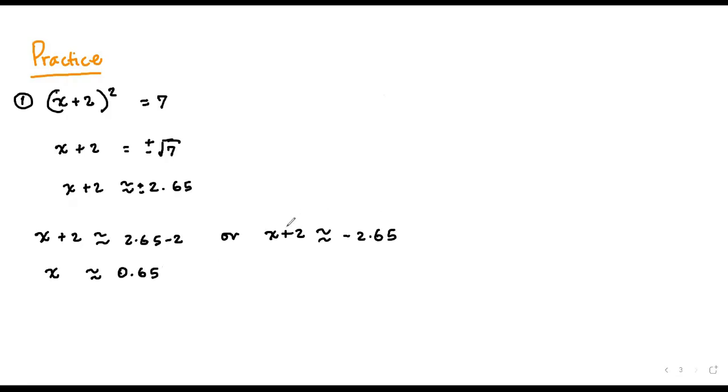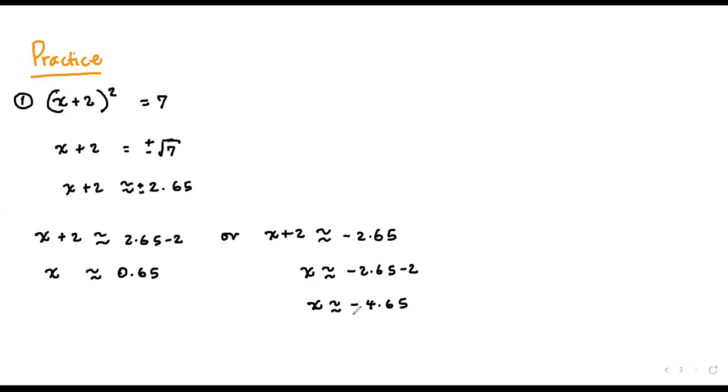0.65. And then for this one, x plus 2 is approximately equal to negative 2.65. We say x is approximately equal to negative 2.65 minus 2. So what is our answer? Negative 4.65. Very good.